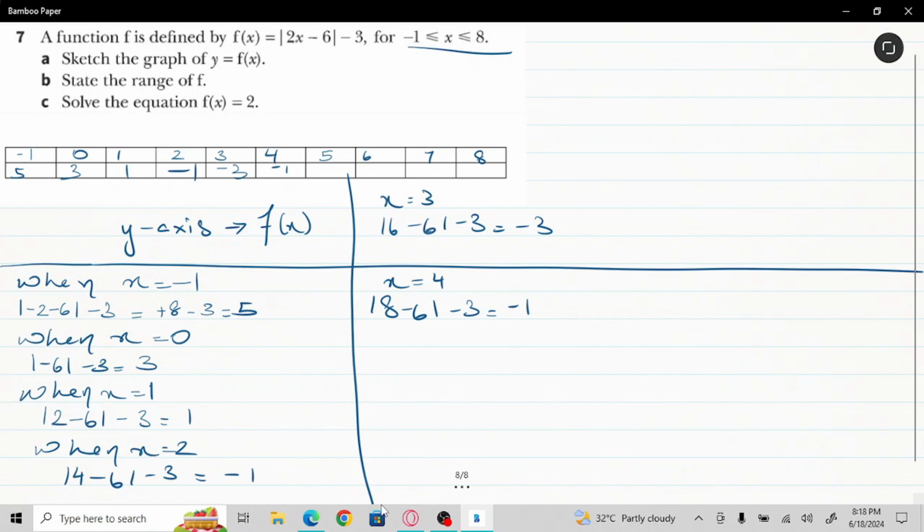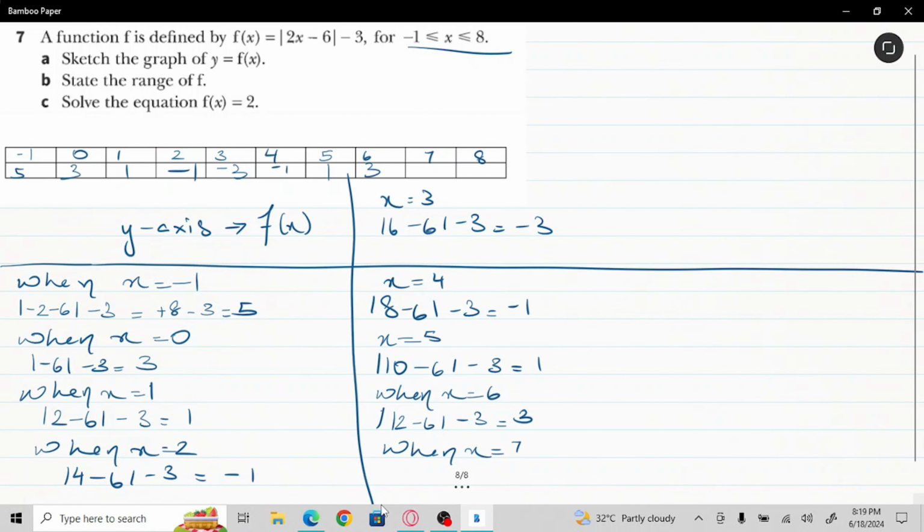It's going to confuse many of you. Similarly, for x is equal to 5, we have 2 5s are 10, 10 minus 6 is 4 itself, and 4 minus 3 is 1 again. When x is equal to 6, we have 6 2s are 12, minus 6 gives us 6, 6 minus 3 is 3. Again 3 here.